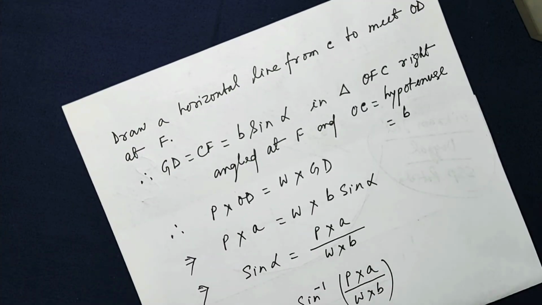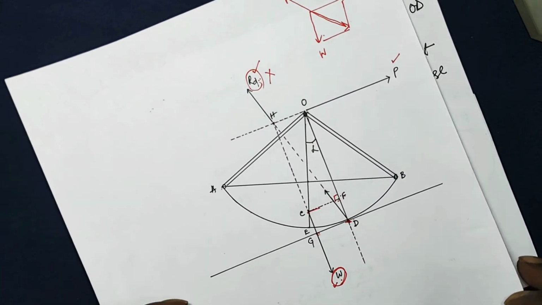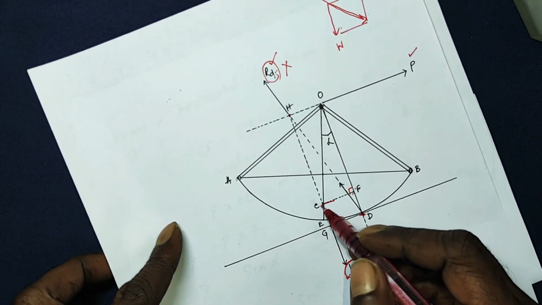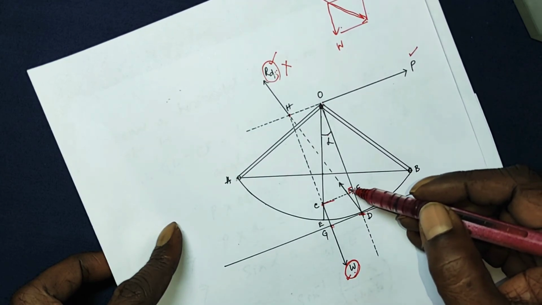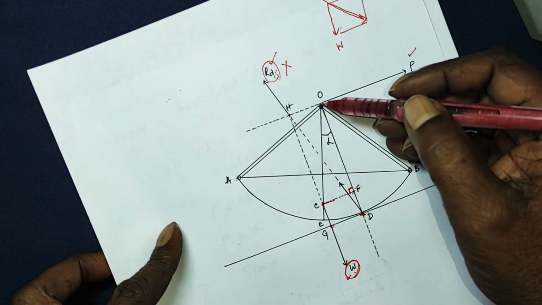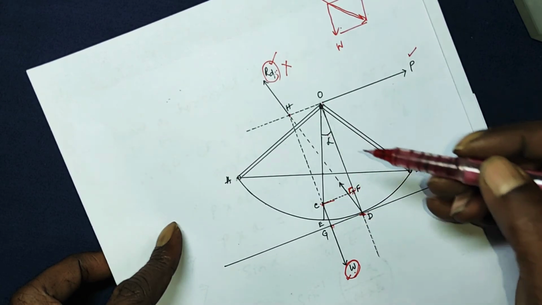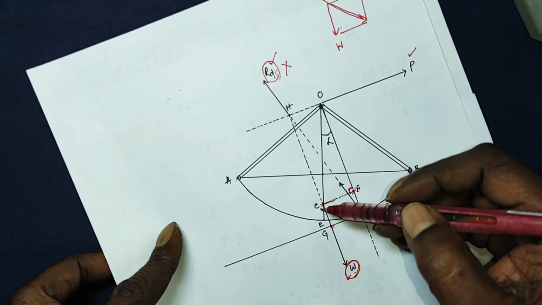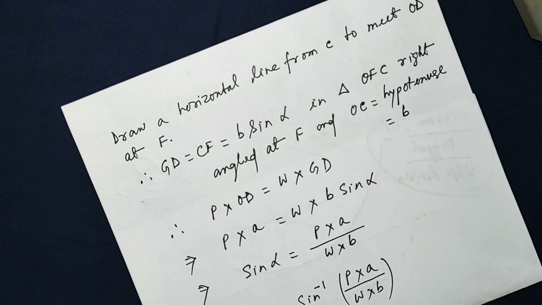So now I have drawn a horizontal line from C to meet OD at F. Draw a horizontal line from C, the center of gravity, to meet OD at F. So this angle is 90. So in triangle OFC, which is right angled at F, I take sine alpha will be CF over OC, and the value of OC is given in the original figure.